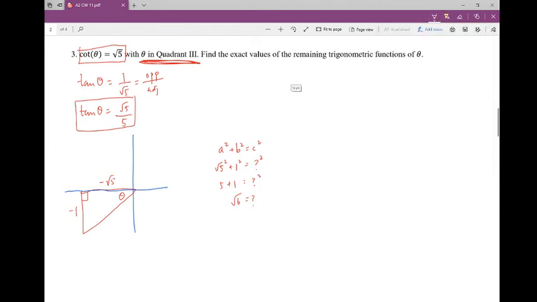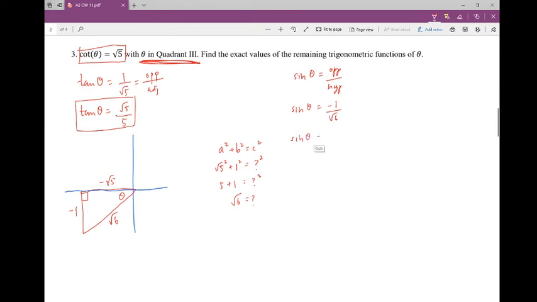Sine, by definition, is going to be SOH CAH TOA, or opposite over hypotenuse. So therefore, sine theta is going to be negative 1, since that's the opposite side, over the hypotenuse, which is square root of 6.